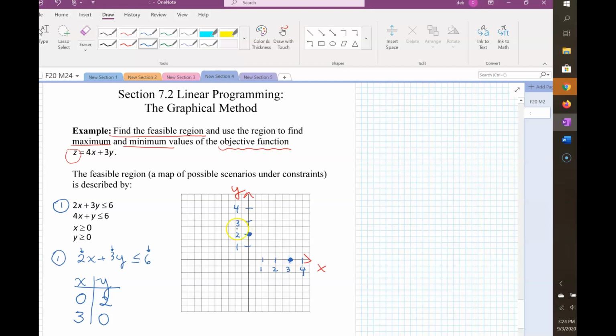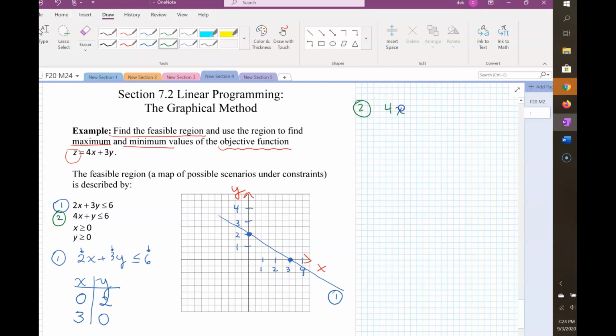So then I'm going to graph my line. And this is line 1, just so I can keep track of it. Okay, then my second line, I'm going to work over here on the right.